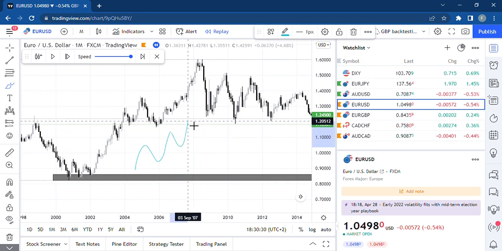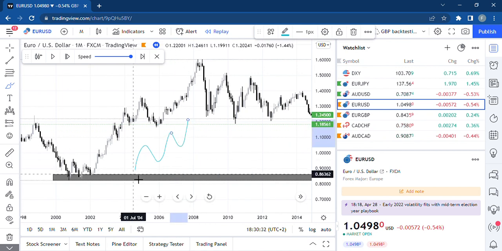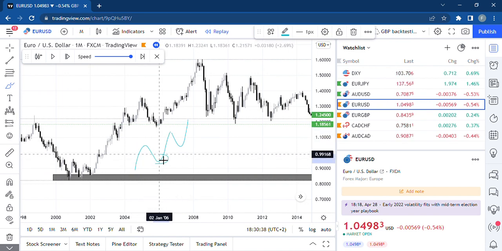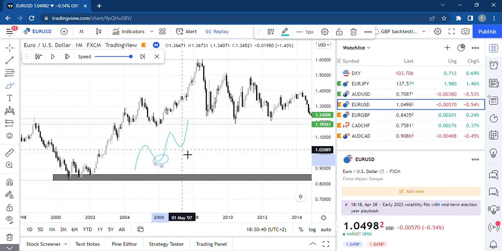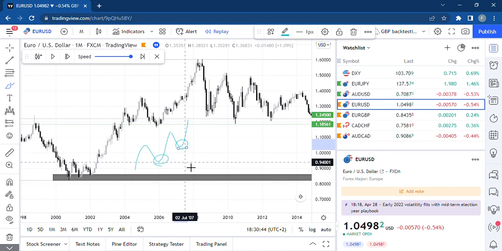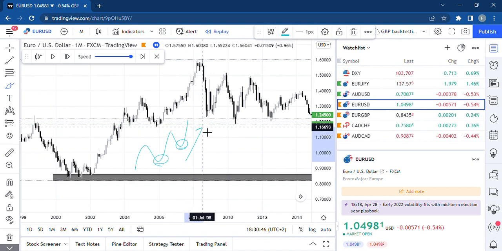So if price creates a low and a higher low, it means that price is in an uptrend.